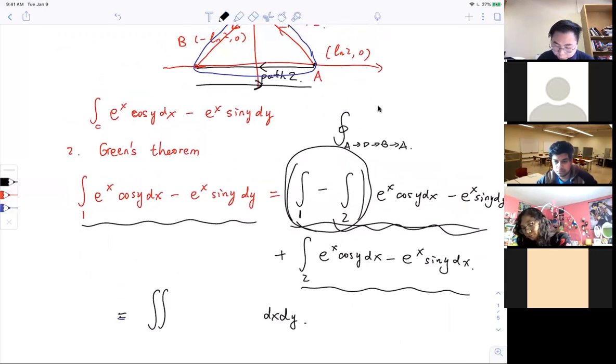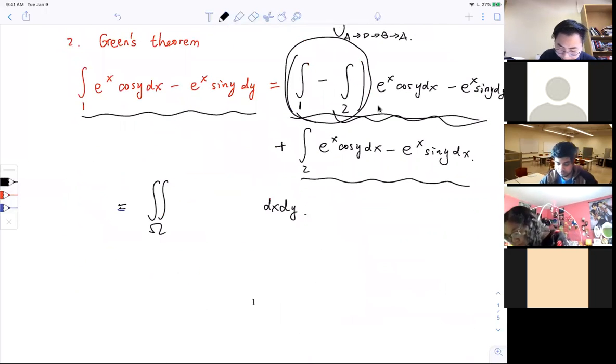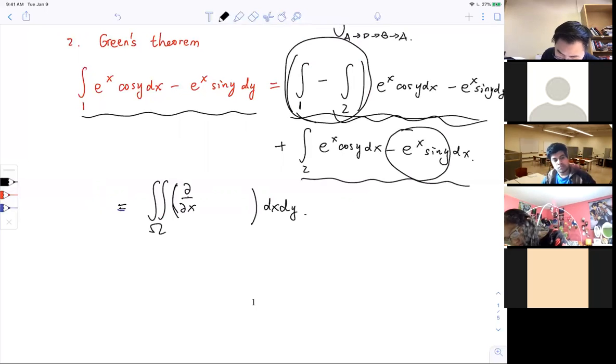The integration region is the region within the loop, denoted as omega. And the integrand is given by Green's theorem: partial derivative with respect to x of this term, minus partial derivative with respect to y of that term.